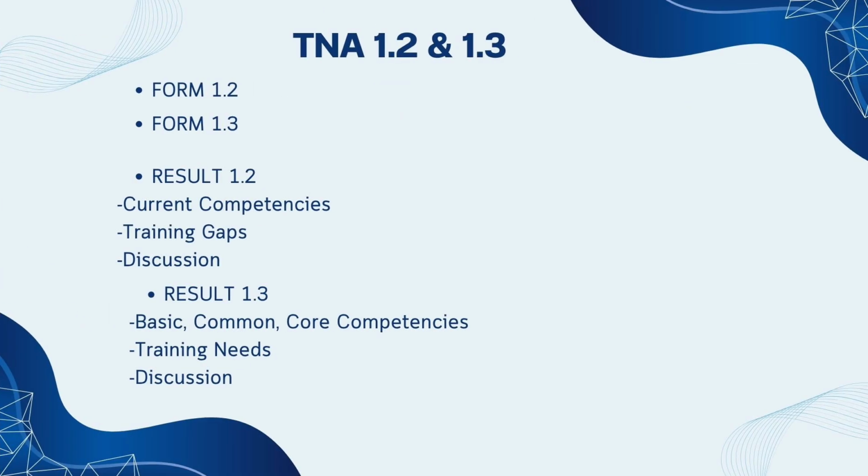So the next activity focuses on identifying training gaps and needs, the TNA 1.2 and 1.3. For 1.2, I identify the training gaps, and for 1.3, I identify the training needs of my respondents. The first part here is identifying the training gaps of my respondents.